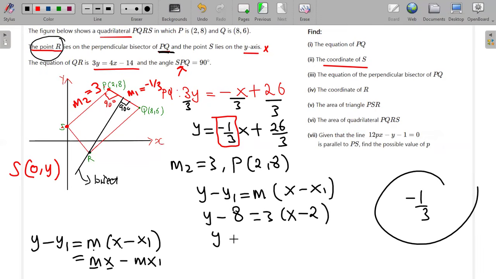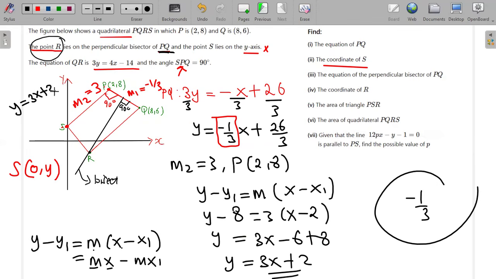So this gives me y equals 3x minus 6. This one goes to the other side, plus 8. So y equals 3x plus 2. So the equation of this line is y equals 3x plus 2. So any question there on how we found the equation of the line?